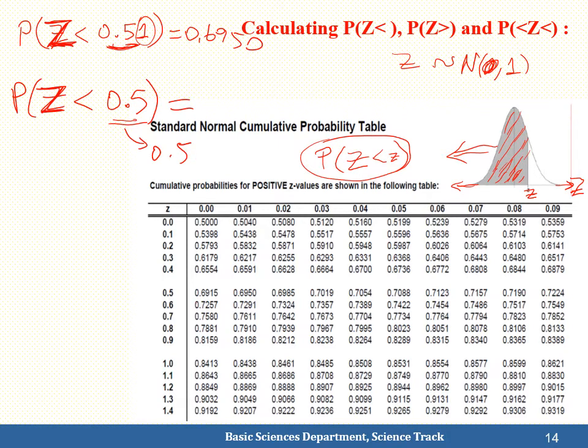The second component is what? You can take this one as 0.50, so it has two components here, 0.5 and 0.00. So 0.5 is here, the first one, and the second one is here. This number corresponds to them. So the probability will be 69.15. Now let's look at another one here.